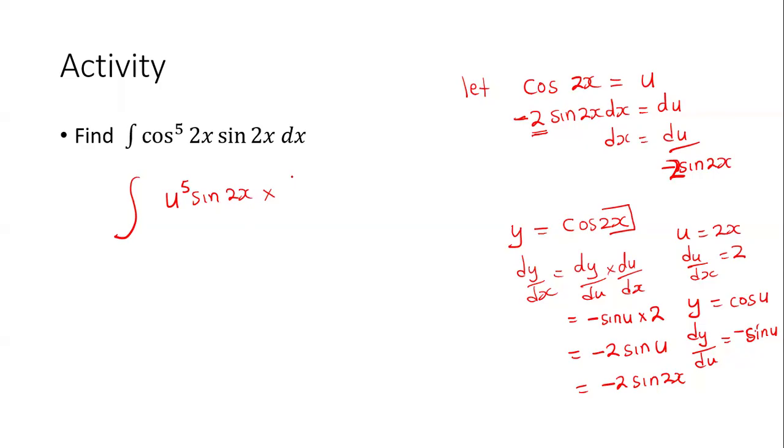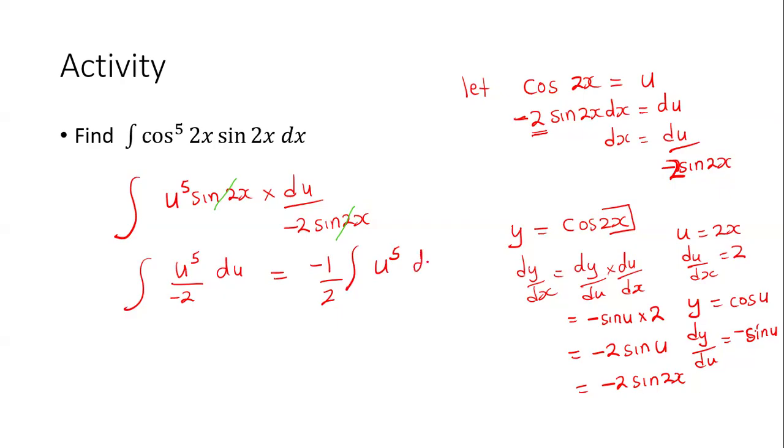So here, we shall have our du out of the negative 2 sine of 2x. So when I reach here, this and this one cancel. So I remain with the integral of u power 5 out of negative 2 du, which I can write as negative 1 over 2 times the integral of u power 5 du.